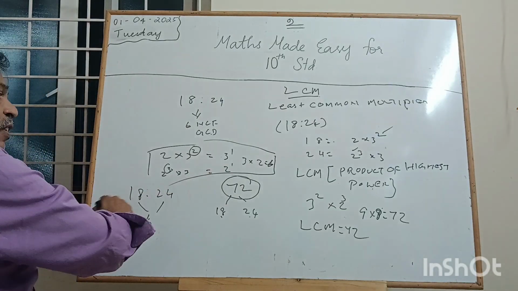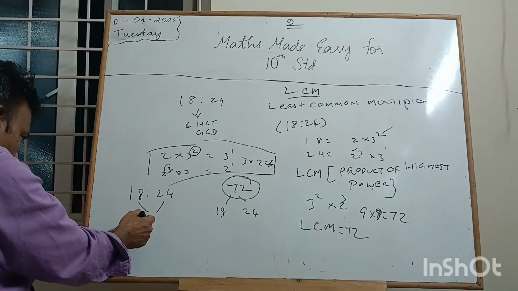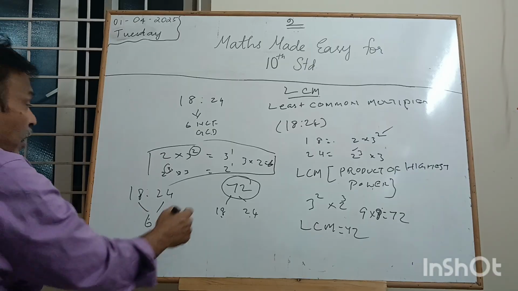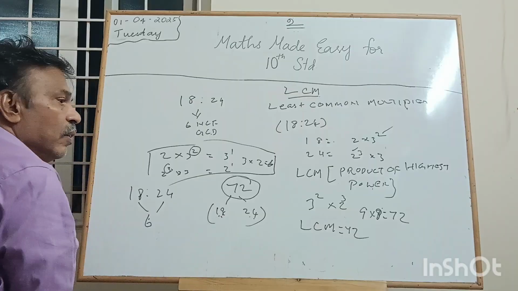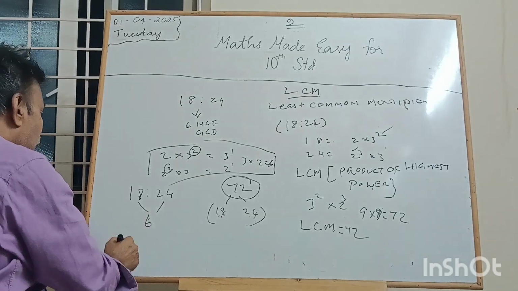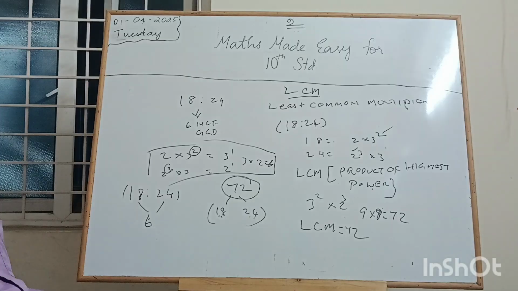You got the difference now. Here these two are the divisors, and here this is the divisor and this is the dividend.